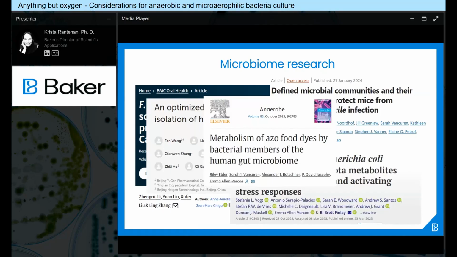You can see from the topics, the authors and the author affiliations that our workstations are used in a wide range of different applications worldwide within microbiome research. Yes, that's all from me.